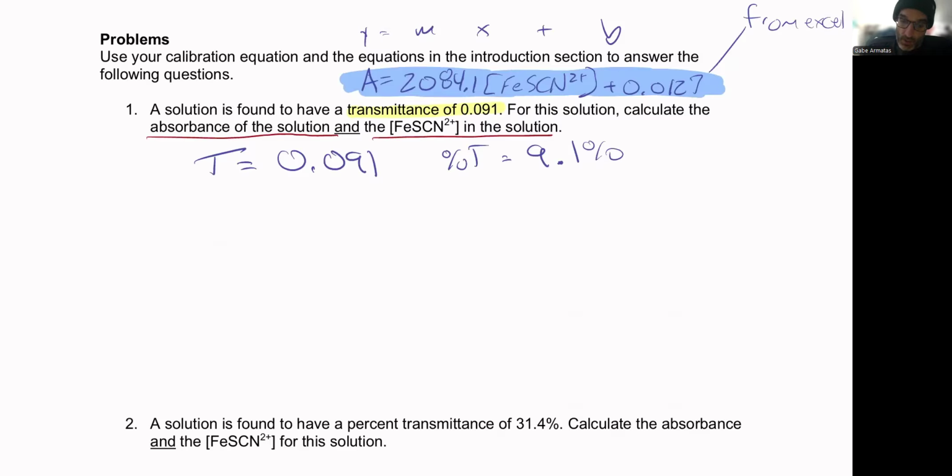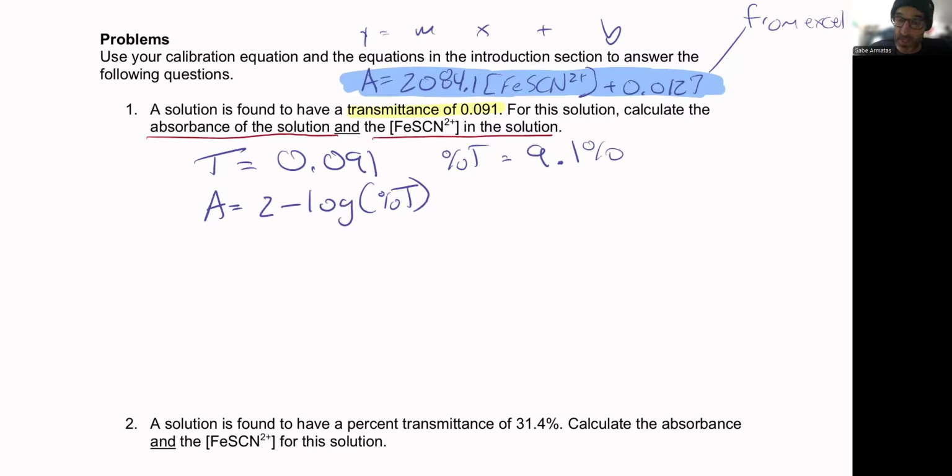All right. So with that said, we have the percent transmittance at 9.1% or 0.091. So first thing we need to do is make a change. Absorbance is equal to 2 minus the log of the percent transmittance. This is the math that we use in order to go from percent transmittance to absorbance. So that is going to be step one.